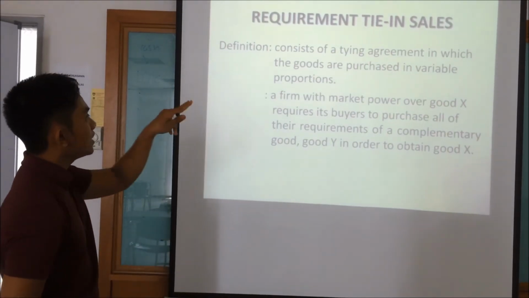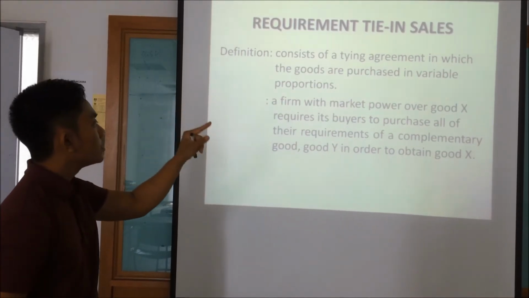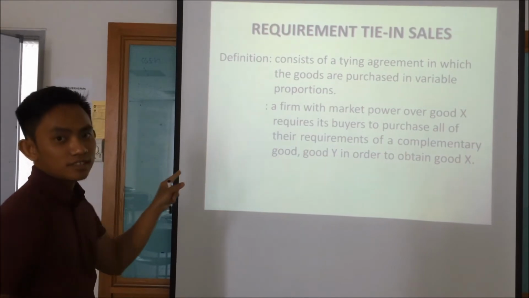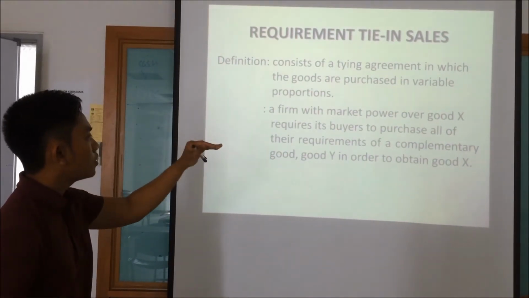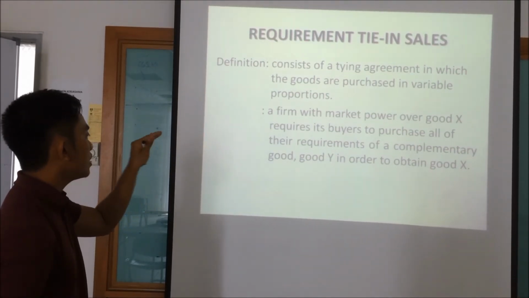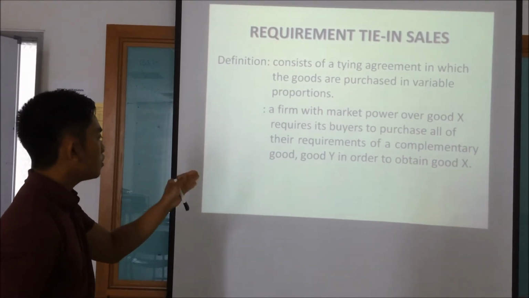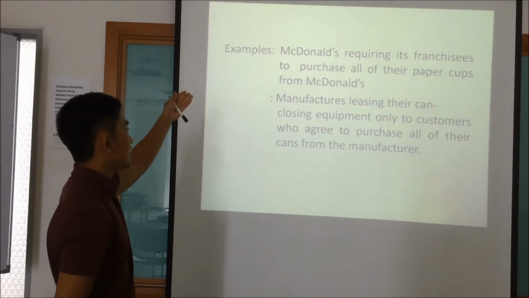Okay, requirement tie-in sales. Definition is it consists of a tying agreement in which the goods are purchased in variable proportion. Example, a firm with market power over good X requires its buyer to purchase all of their requirement of a complementary good Y in order to obtain good X. That's an example.